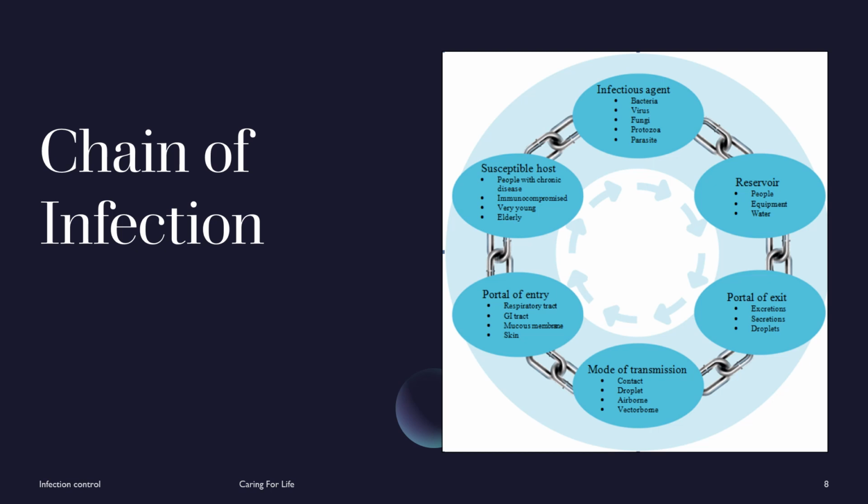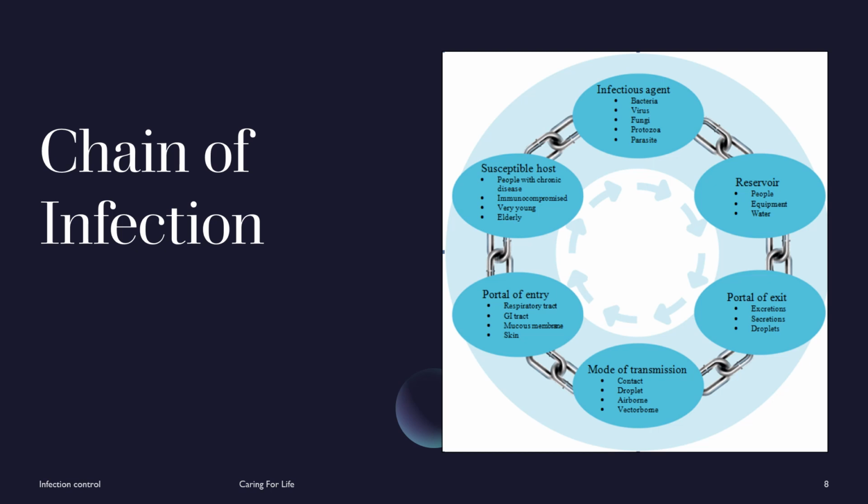And then another mode of transmission, which is not listed on here, is blood-borne pathogens. And that's really where you're going from an opened area, blood comes out, somebody comes in contact with that blood, and then they expose it to another portal of entry.